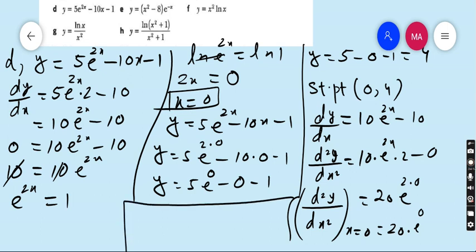Something to the power 0 is 1, and 20 ones are 20, and 20 is greater than 0. Hence (0, 4) is a minimum, because greater than 0 means minimum. So this is the answer of part D. Move to part E.